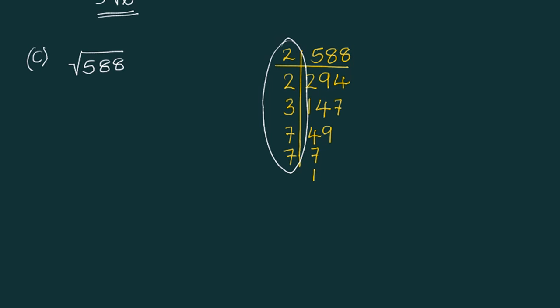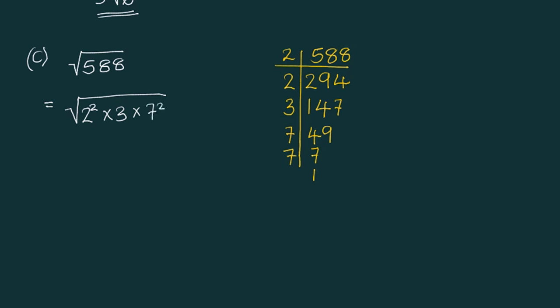Alright, so we can now express 588 as a product of 2 squared multiplied by 3 multiplied by 7 squared. And these are separate square roots. That is the square root of 2 squared multiplied by the square root of 3 multiplied by the square root of 7 squared, using our principle.